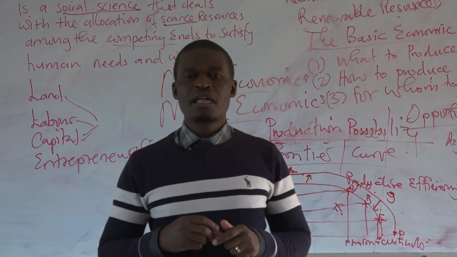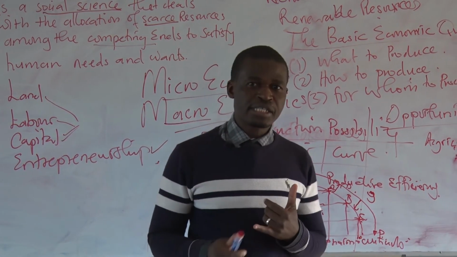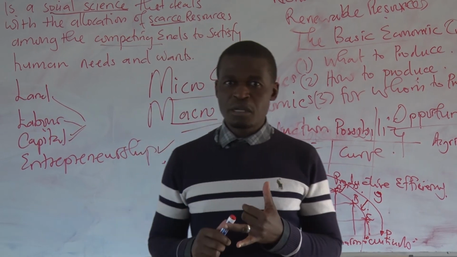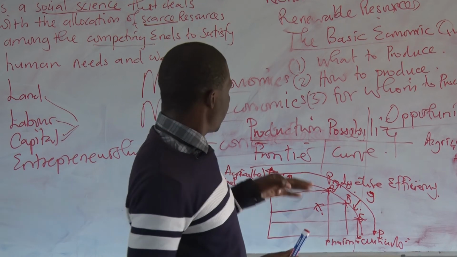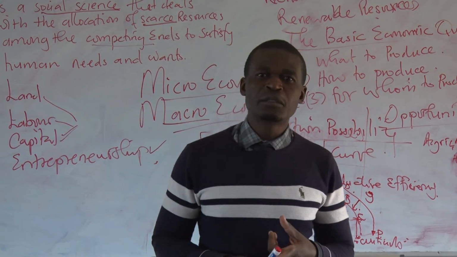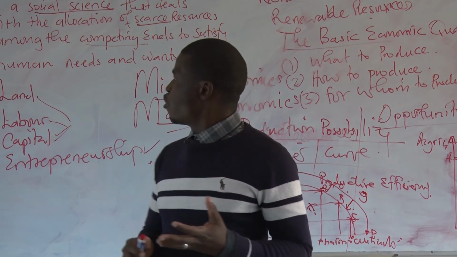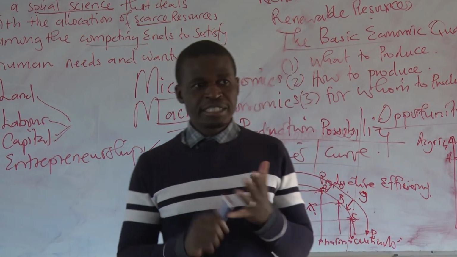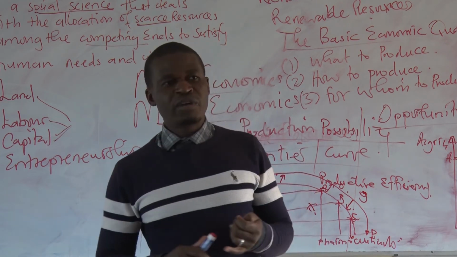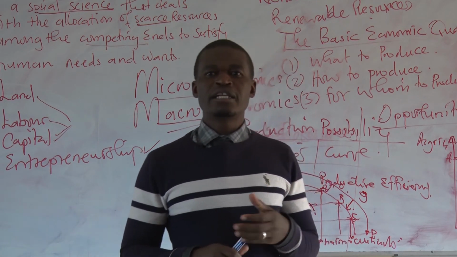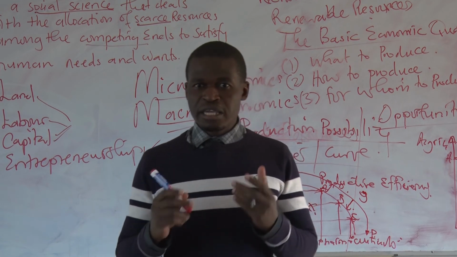So learners, as I'm rounding up this lesson, we have learned what economics is. We have defined scarcity. We have shown how graphs are important in analyzing economic models. We have learned the two assumptions behind economic model building. We have also discussed human needs and wants, what our needs are and what our wants are, and we have listed the factors of production and how they solve the problem of scarcity in economies.